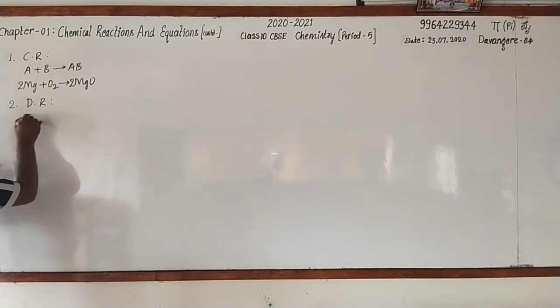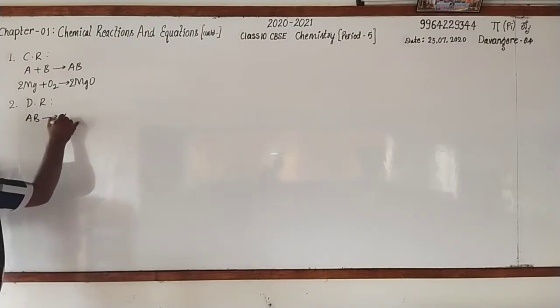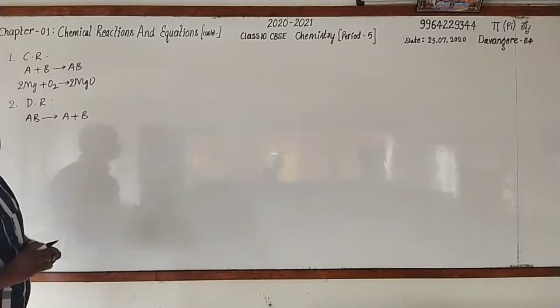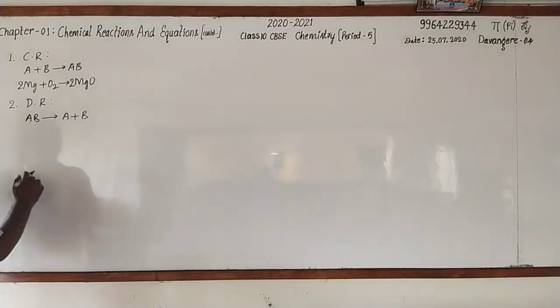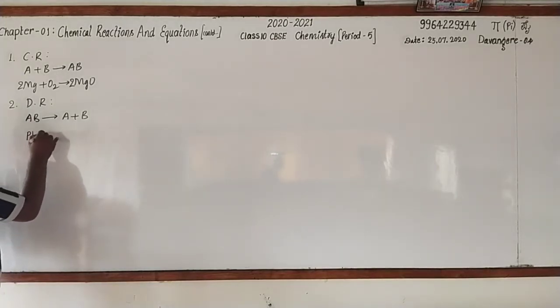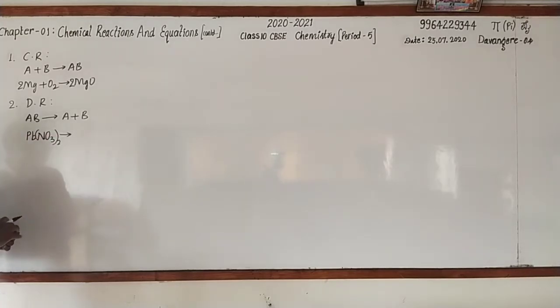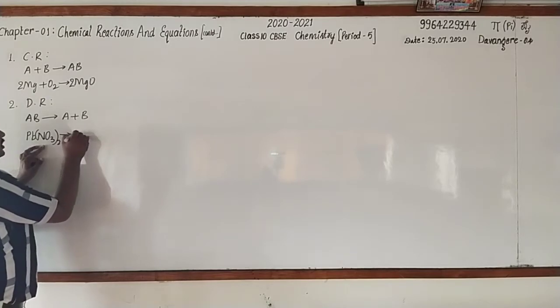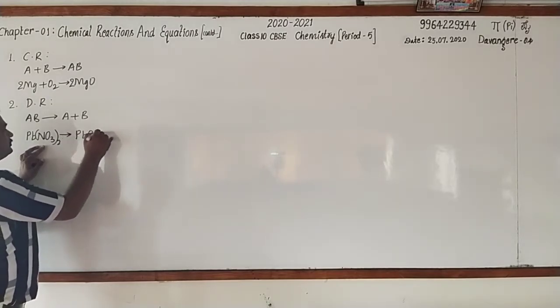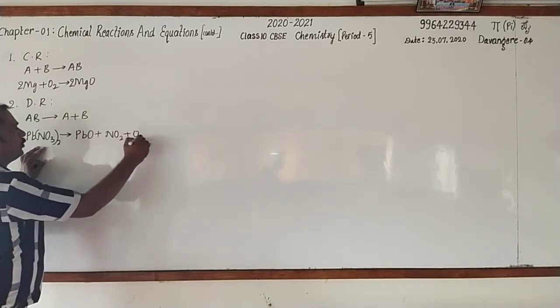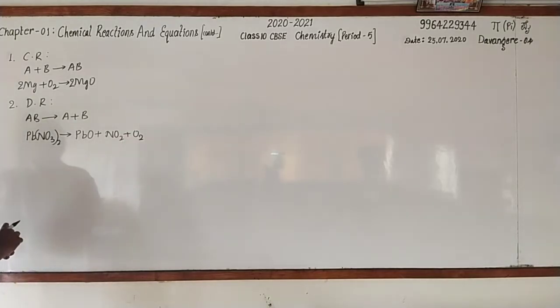We can write it as AB gives rise to A plus B. And give one simple example, which is also most important. It is when lead nitrate, Pb(NO3)2, undergoes decomposition reaction, it produces compounds like PbO plus NO2 plus O2, right?